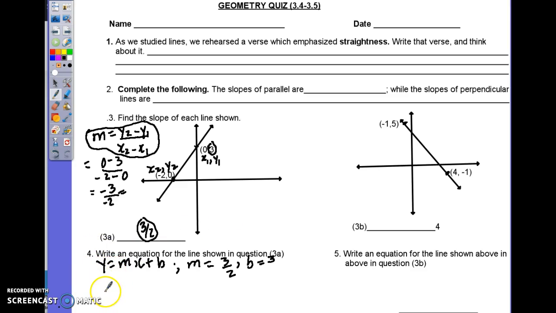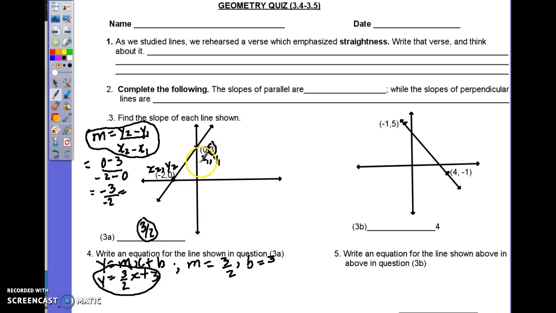So the equation of that line is going to be y equals 3 over 2 for the slope times x plus b, and b, as we said, is 3. This is the answer. This is a bit of a giveaway because you have the b right before your eyes right here.